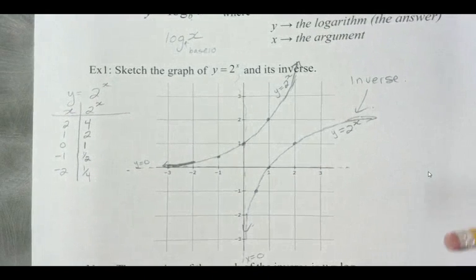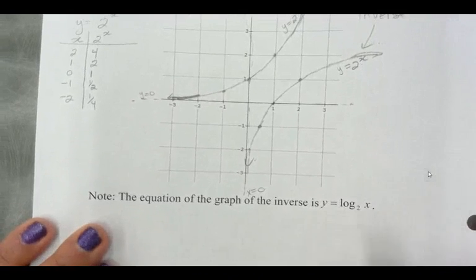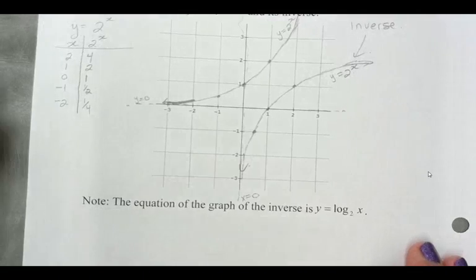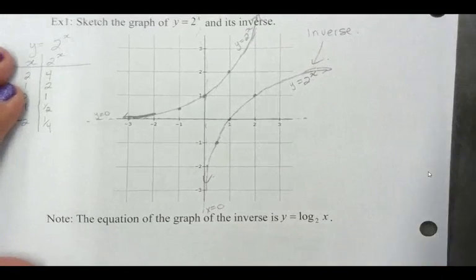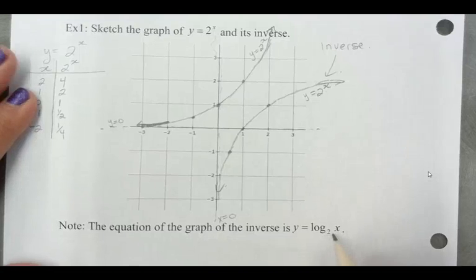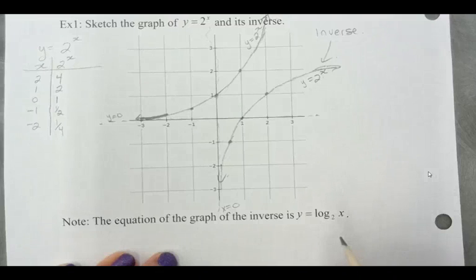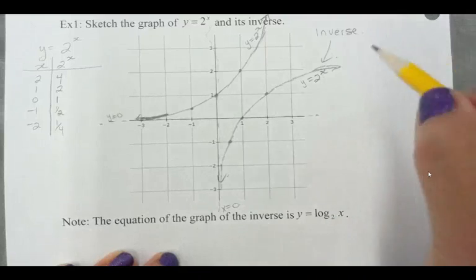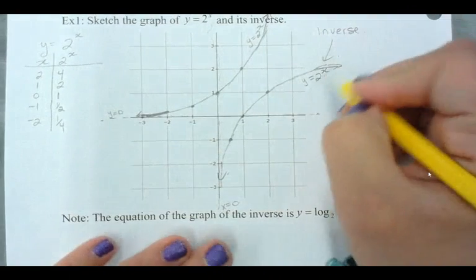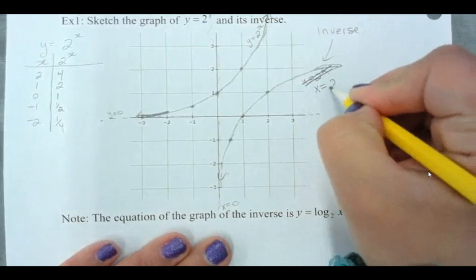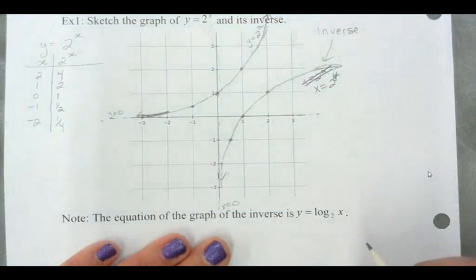So the equation of the graph of the inverse is y equals log base 2 of x. This one is the inverse of y equals 2 to the x, so I should actually label that as x equals 2 to the power of y.